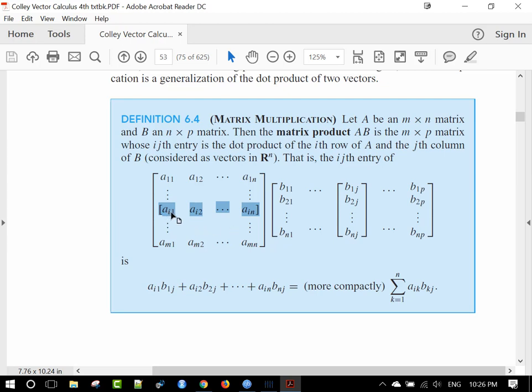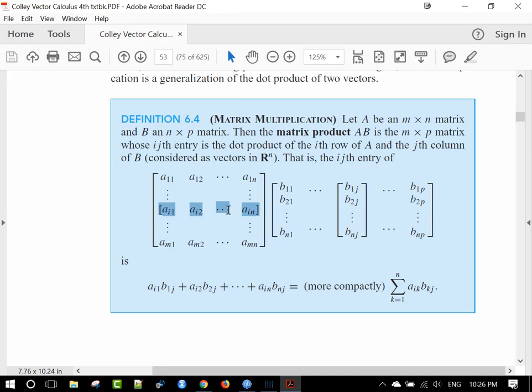They all have i for their row entry. So the first entry is i1, but the second entry goes i2, because this is the column, up to in. And then what does this column vector look like? The row changes, but the column is always j. So it's 1j, 2j, up to nj.